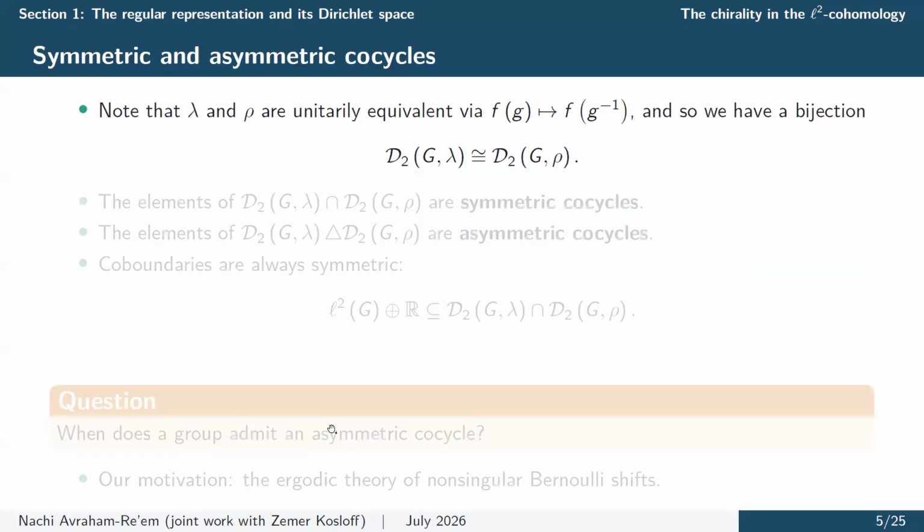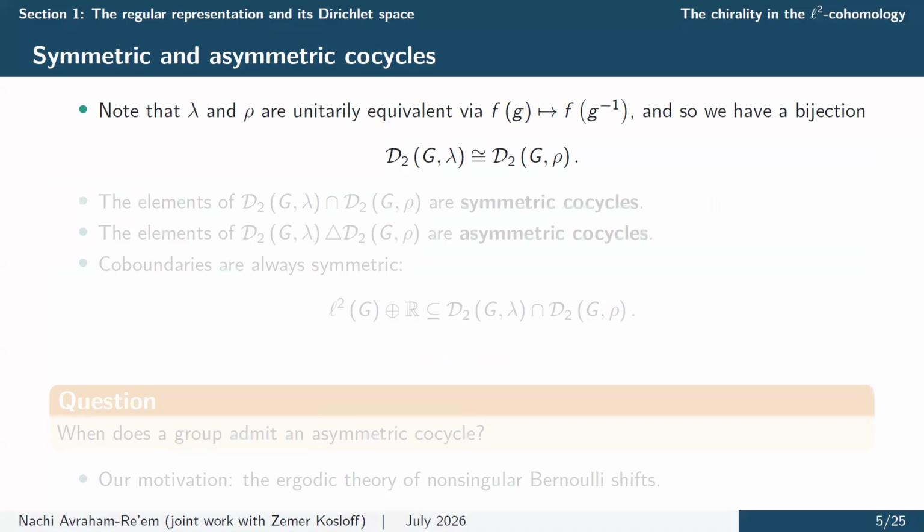Let me make the observation that in an abstract way, the left and right regular representations are unitarily equivalent. What does it mean? One aspect of this is that the left and right Dirichlet spaces are isomorphic in a natural way.